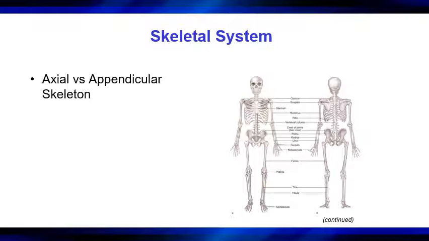You can see here in this basic picture the skull and the vertebral column, which we'll look at from behind because you can see it a little easier, the ribs and the sternum, and then the appendicular skeleton is everything else coming off of that, your other long bones and what have you. So that's the first way we break down the skeletal system.